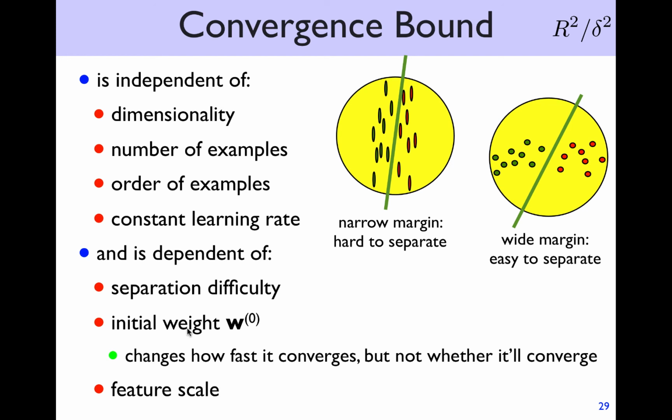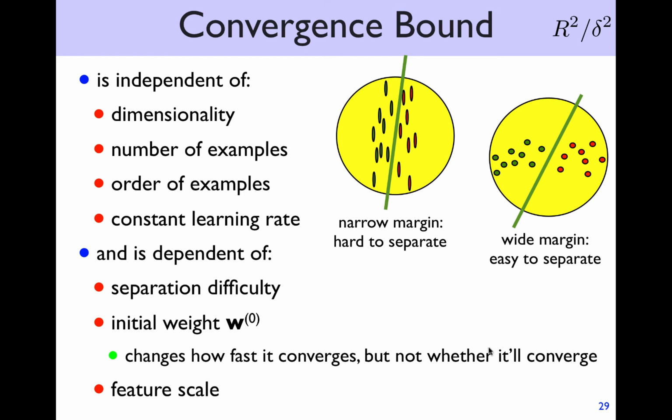And it's also dependent on this initial weight vector w0. What that means is that the worst case mistake bound or convergence bound is dependent on the initial weight vector. That is, the initial weight vector changes how fast it converges, but it will not change whether it will converge, right?